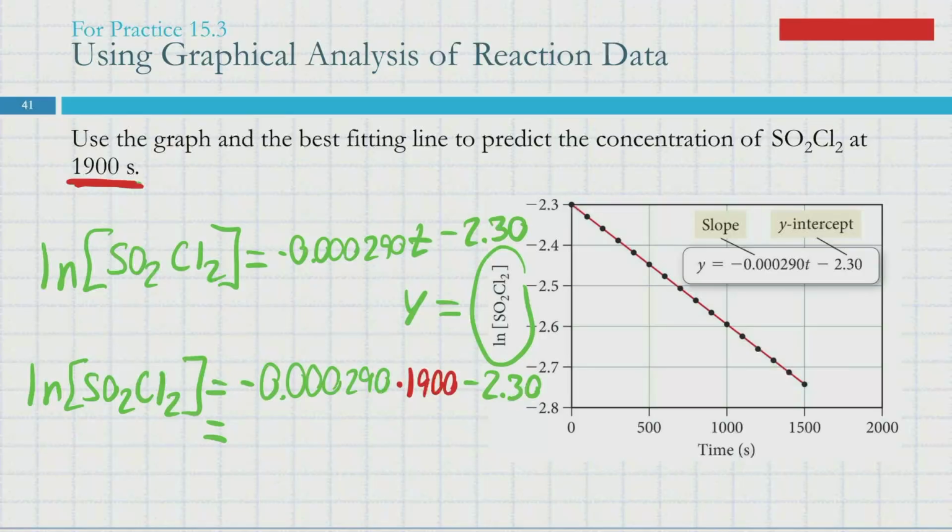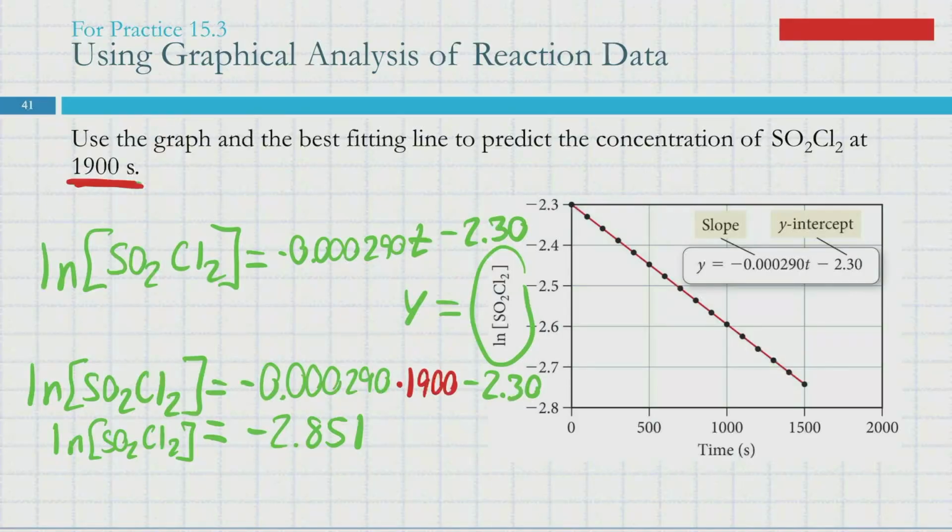So minus 0.00029 times 1900 minus 2.3. For the right side, I'm getting minus 2.851. The left side is still the natural log of the concentration.